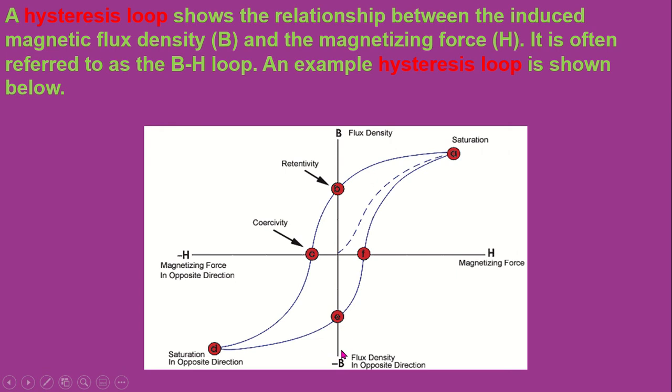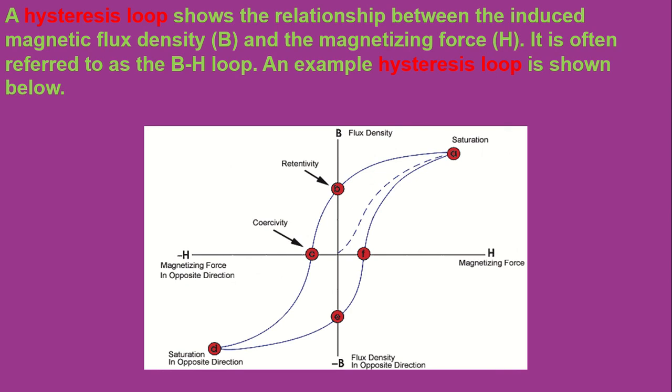So that is also known as retentivity. You can see at this point there still exists some magnetism in the ferromagnetic substance, retentivity in the opposite direction.